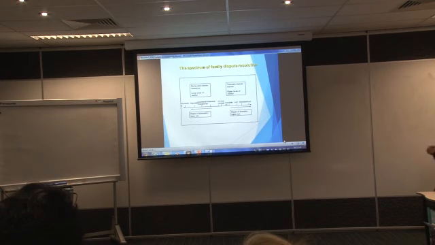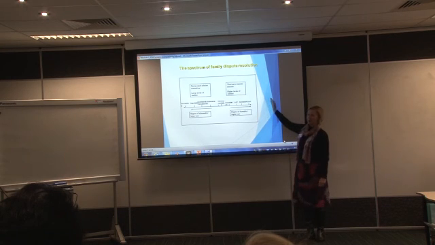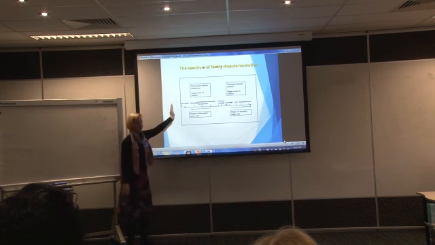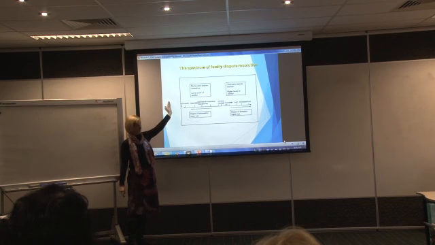So we talk about this spectrum in terms of how much it costs and how complicated it is, as opposed to how little it costs, how less complicated it might be, and the extent to which people get to make their own decisions.